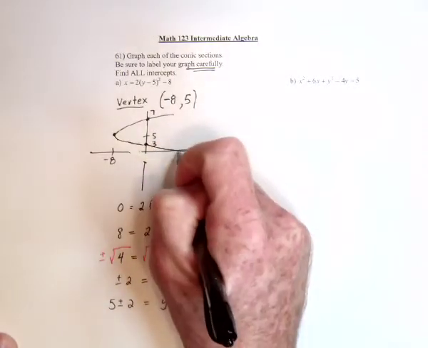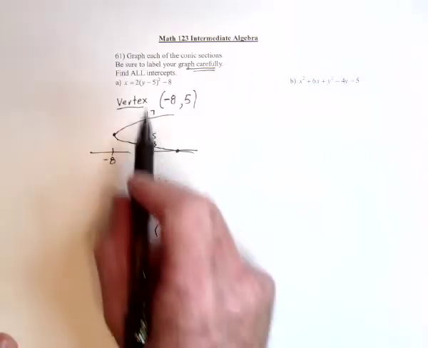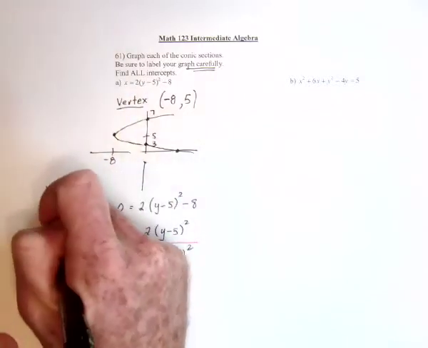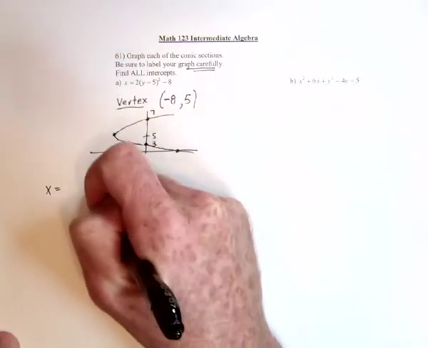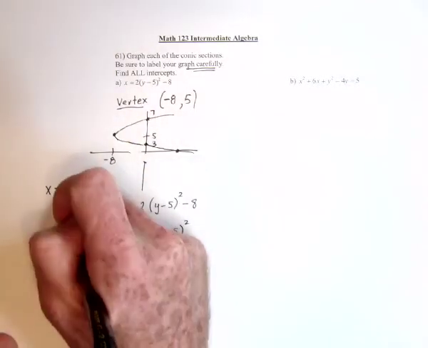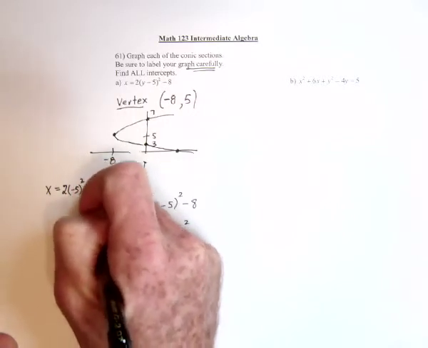Alright, now I need to find this point right here where it hits the x-axis, and then that's going to be where y equals 0. So simply go to the equation, substitute y as a 0, we would have x is equal to, let's see, so this would be 2, and then 0 minus 5 gets squared minus 8.